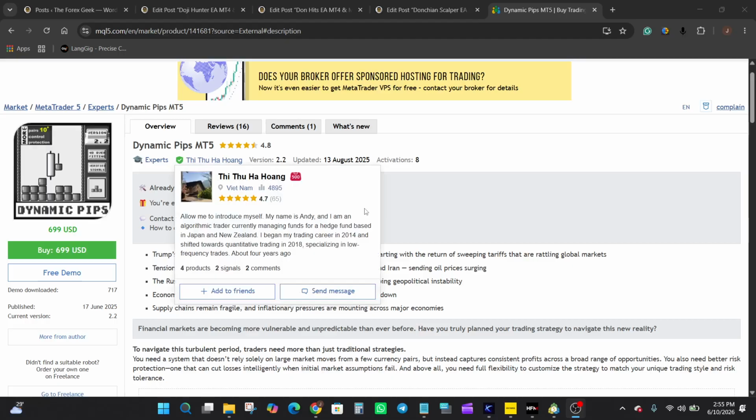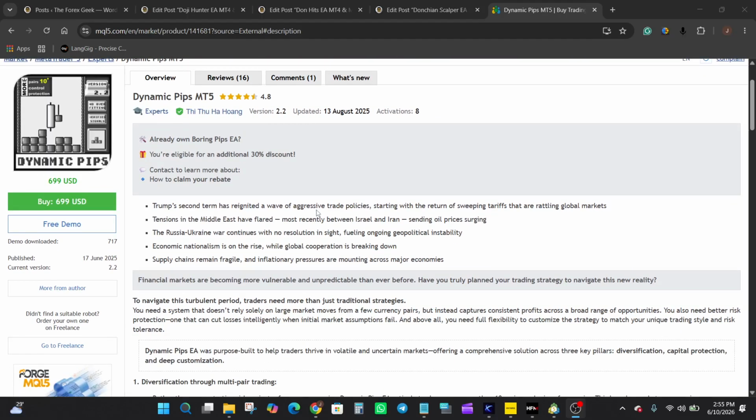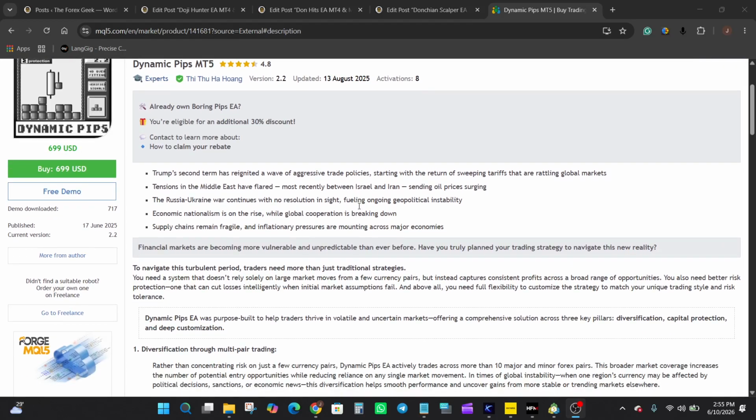The EA is listed at 699 US dollars with version 2.2, last updated on August 13th, 2025, and it shows a limited number of activations available, precisely 8 activations, which is always something worth noting when evaluating marketplace products. Now, in terms of platform compatibility, this EA is built for MT4 and MT5, so I'll be keeping that in mind as I go through the rest of the review.